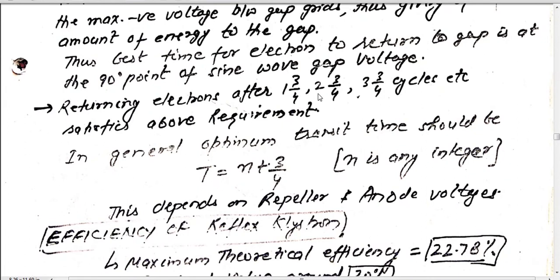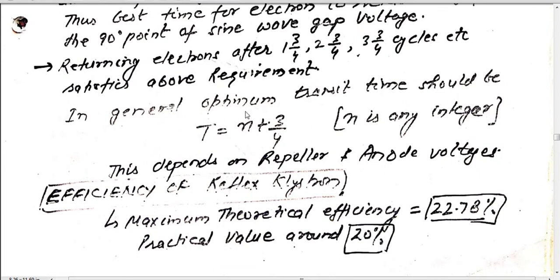Similarly, 2 full cycles and 3/4 of the third cycle, like this. So this is the most suitable time for the retarding. So in general, the optimum transit time, capital T, should be equal to n plus 3/4, where n is any integer.